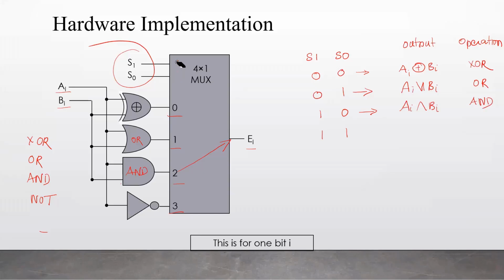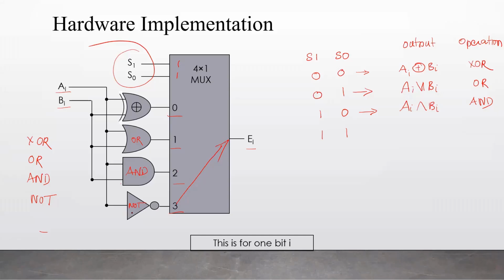And in the other case, both control inputs can be 1. When both are 1, it selects the third input of the multiplexer, and this gets directed as output. And what is this? The output of the NOT gate is applied as the third input to the multiplexer.